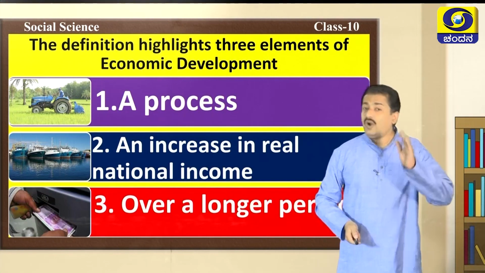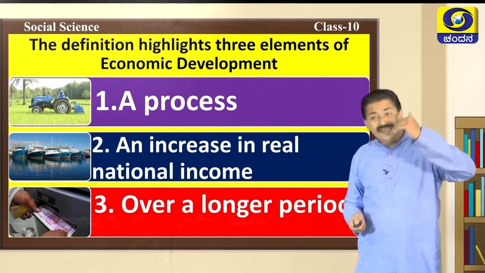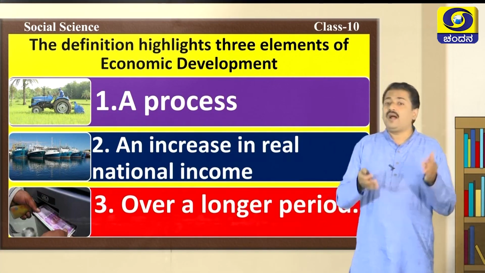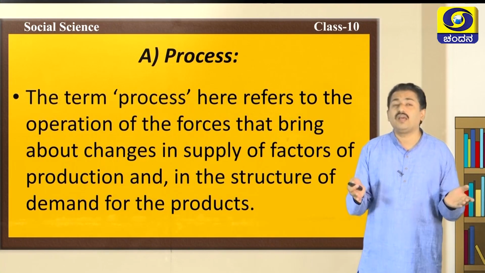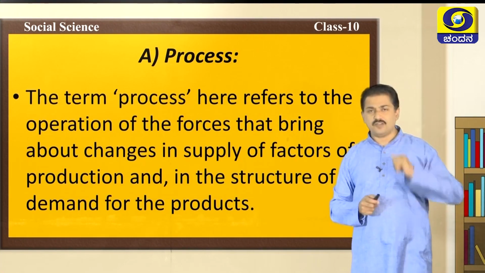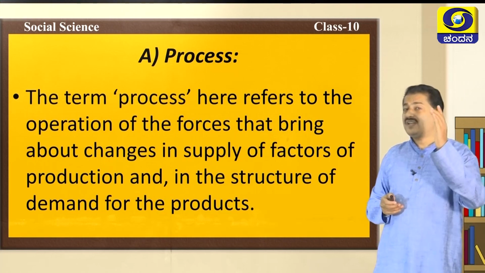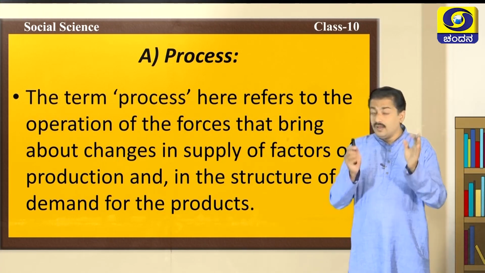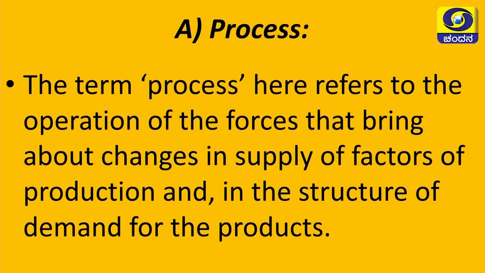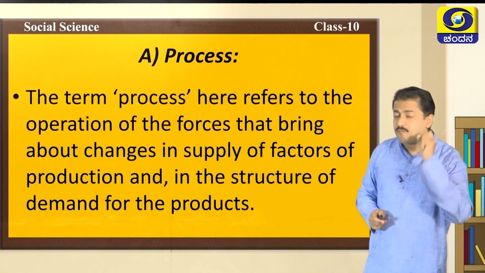Let us see what is process, what is an increase in real national income and what is over a long period of time. First of all, let us understand what is a process here. The term process here refers to the operation of the forces that bring about changes in supply of factors of production. Dear students, what is a factor of production?